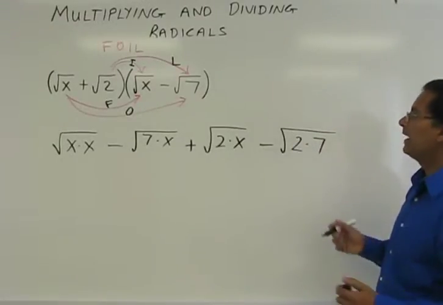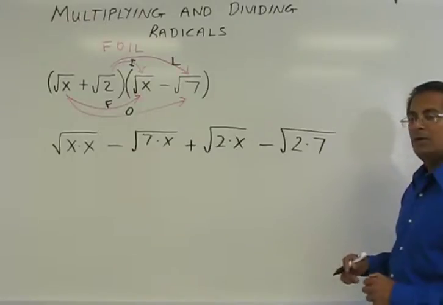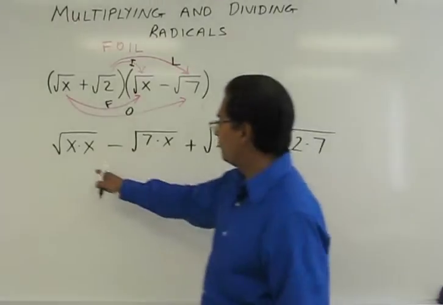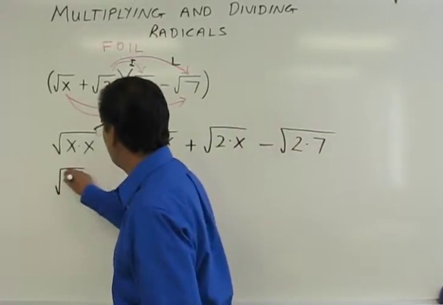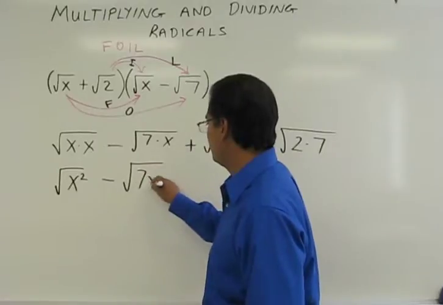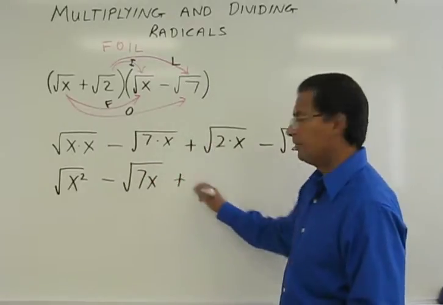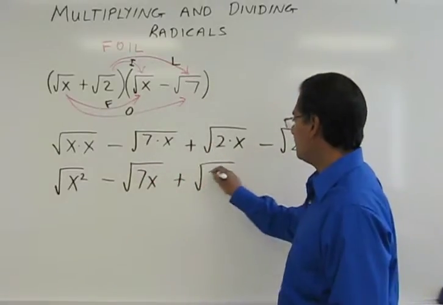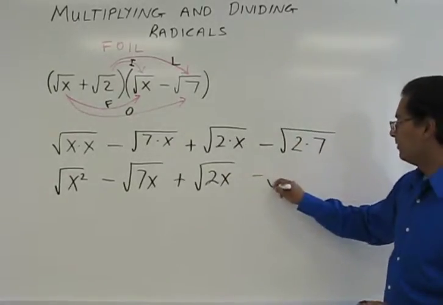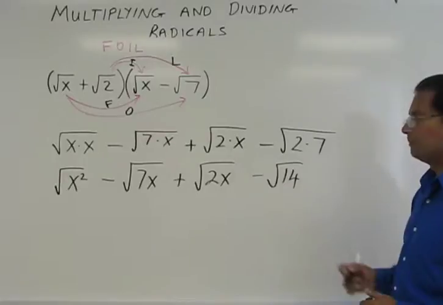So as we foiled out those two binomials, now we have to combine terms and simplify if we can. So here we're going to have the square root of x squared, minus the square root of 7x, plus the square root of 2x, minus the square root of 14.